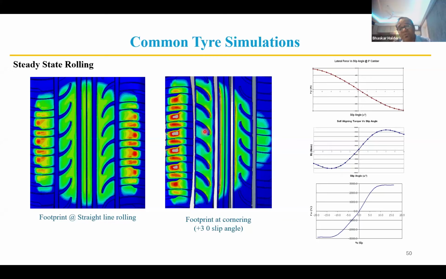So we can discuss, predict, and go for the best design for this type of application as well. These are some examples of FE simulations that we are creating ourselves and trying to implement in our designing stage.